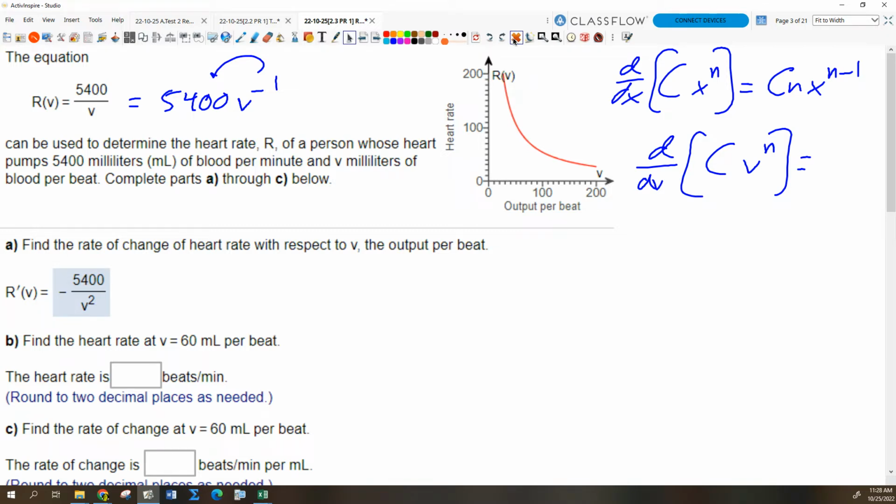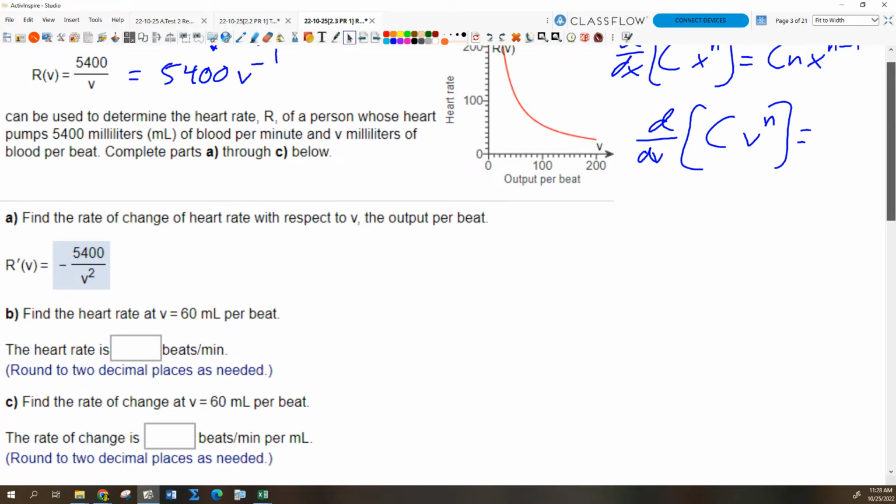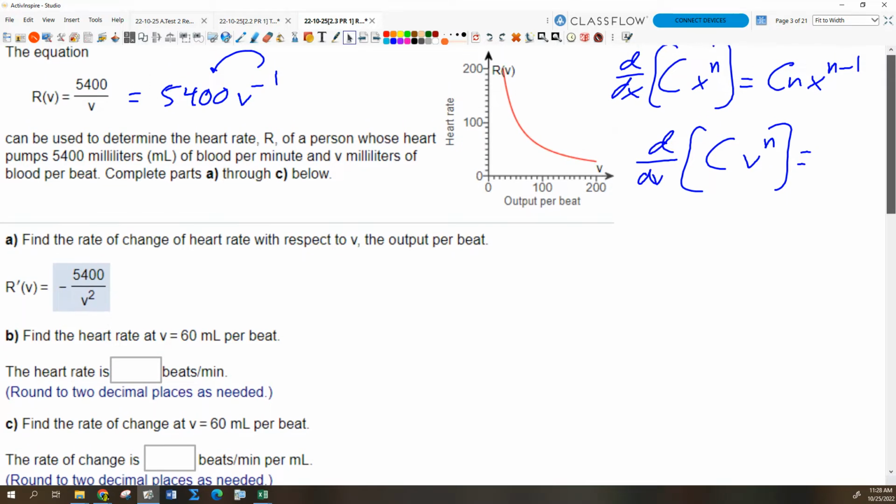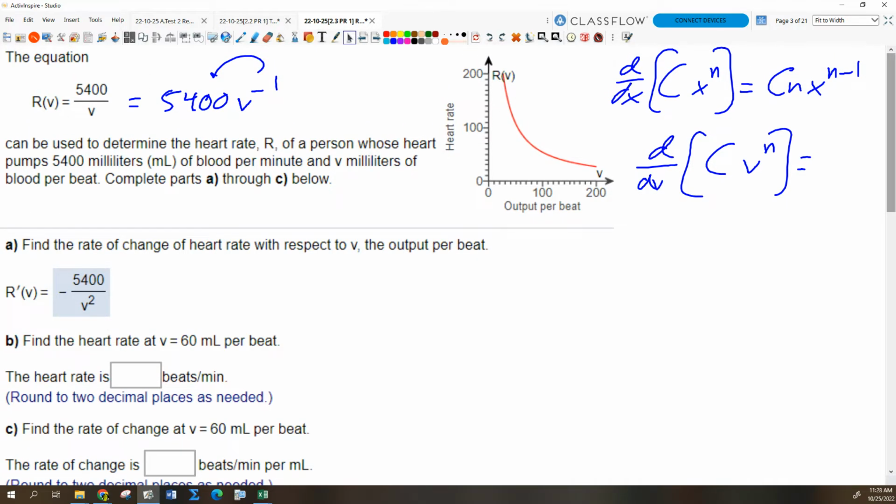If we want to, it says find the heart rate at V equals 60 milliliters. Well, that's just a straight application of the function. What am I calculating here? How would I find that answer for part B? I want to find the heart rate, which is R. Yeah, that's just R of 60.